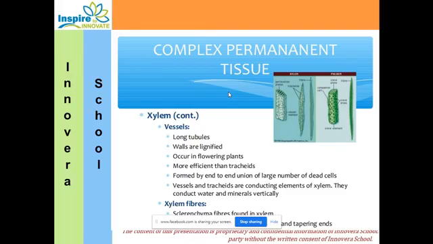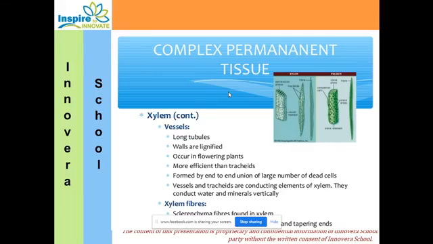So it is said that they are more efficient than tracheids. They are formed by end-to-end union of a large number of dead cells. In case of vessels also the cells are dead, just as we found that the tracheid cells were dead.